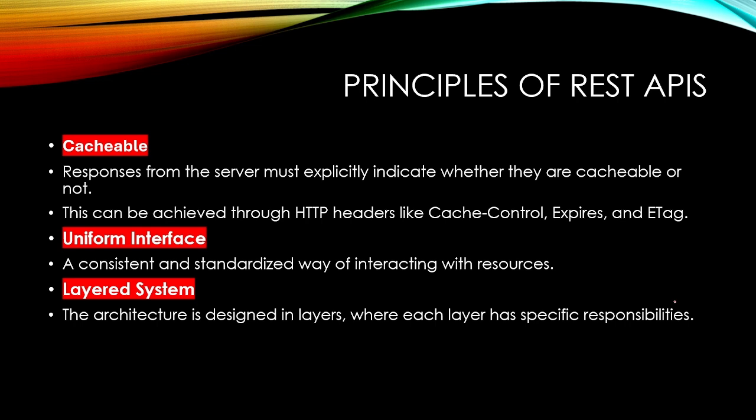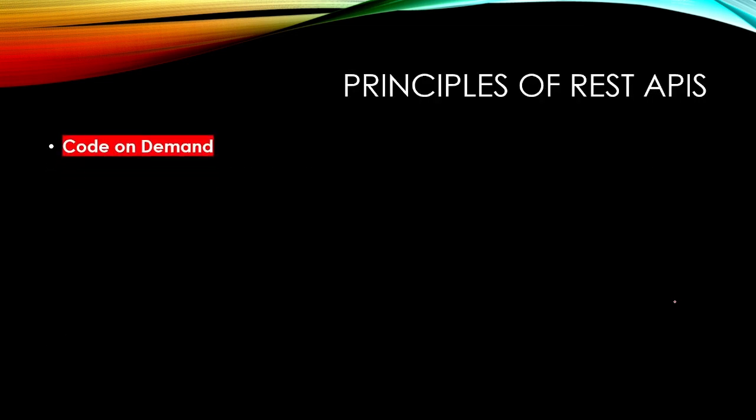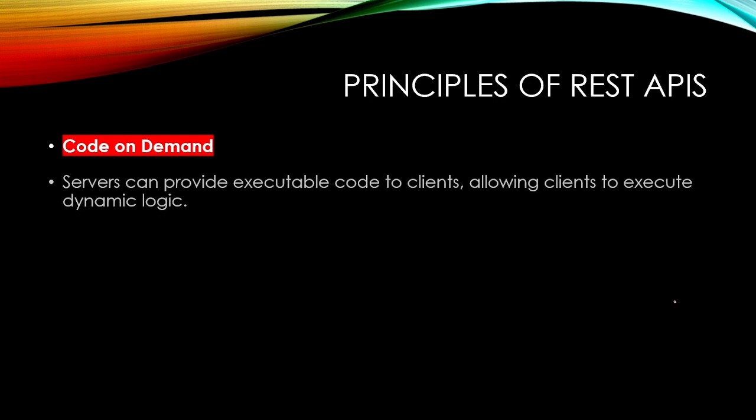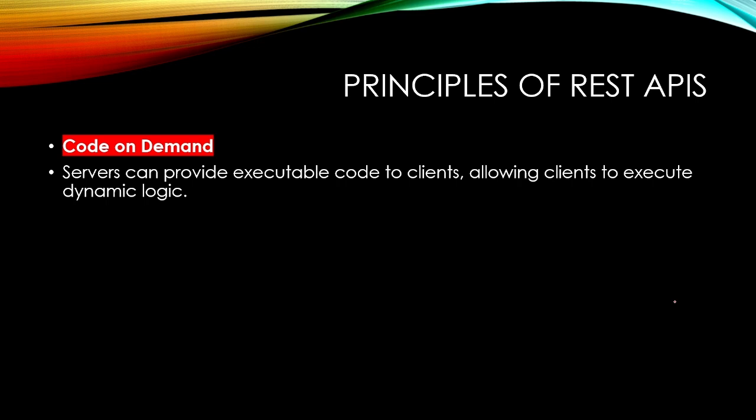So next is code on demand. So what is code on demand? What happens here is the server can send executable code to the clients. Taking an example of new features, for example, any new features which you are getting on your mobile applications, this happens because of this principle only, that servers can provide executable code to the clients.